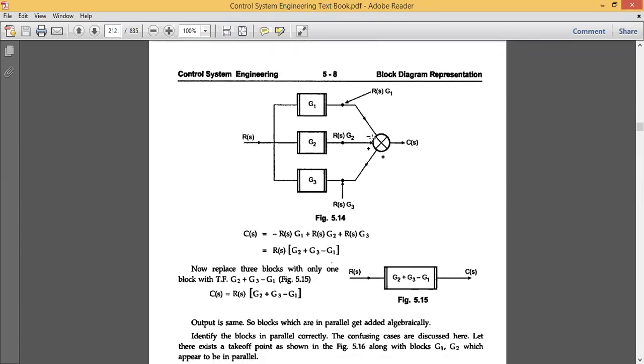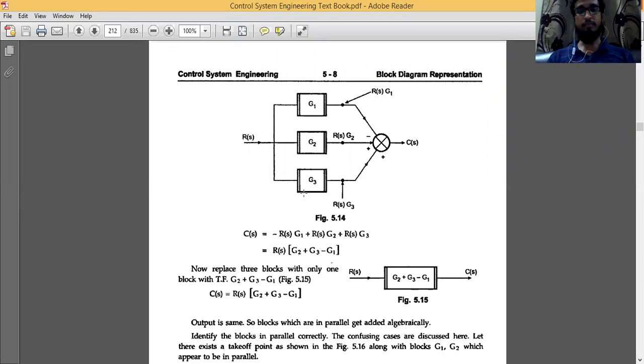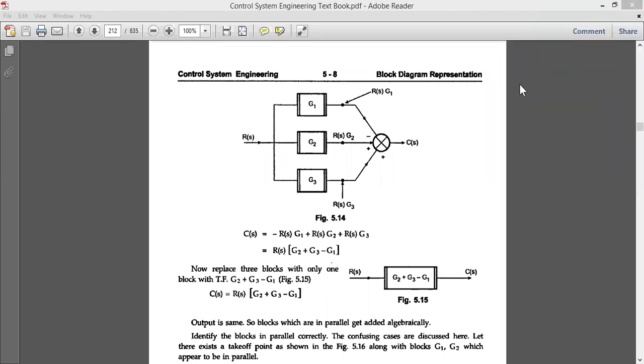If they are in parallel, the blocks are simply added, so we can find the new transfer function for the parallel combination.